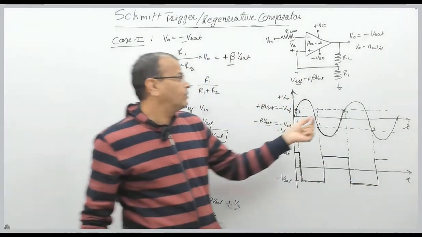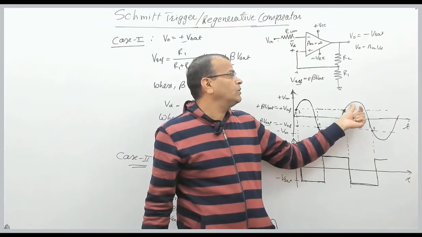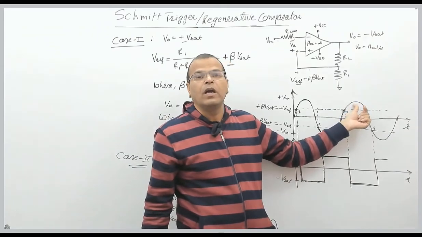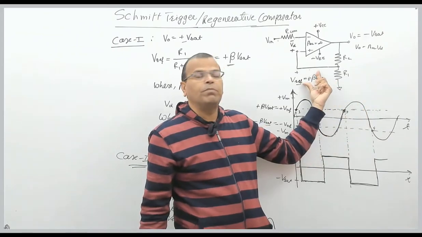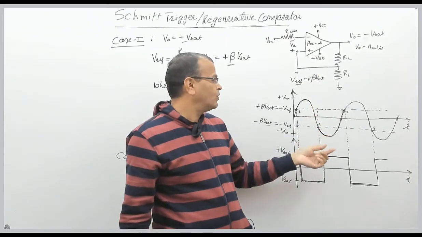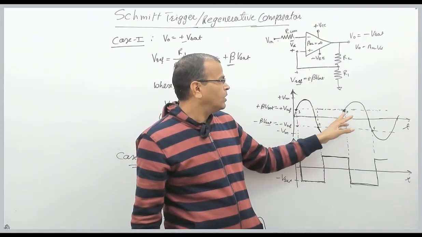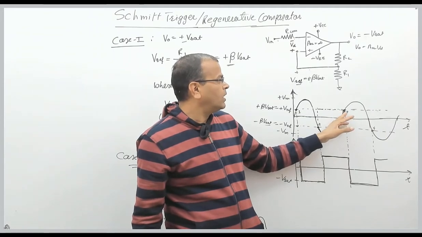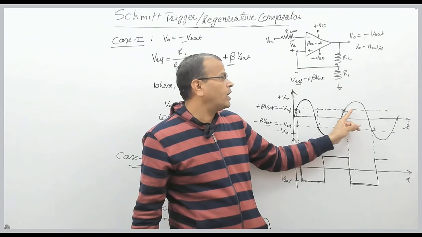Why? Because up to point 3, output is positive, feedback is plus beta into Vset, and accordingly the reference voltage is set. But above point 3, what will happen? I repeat the point again.